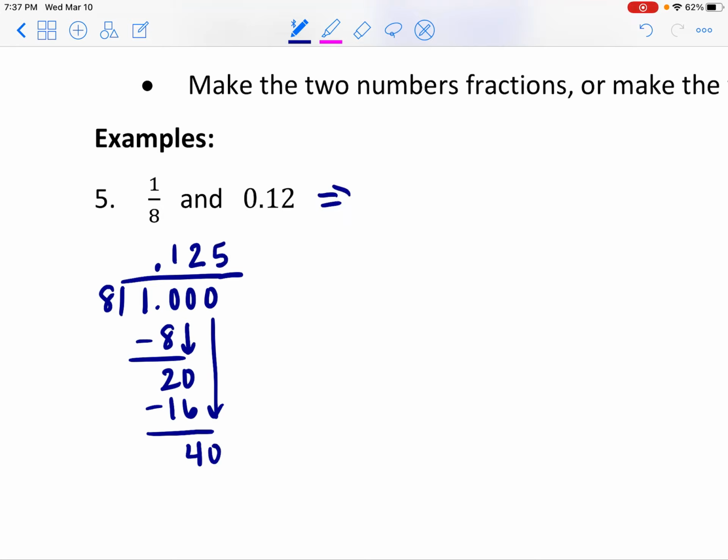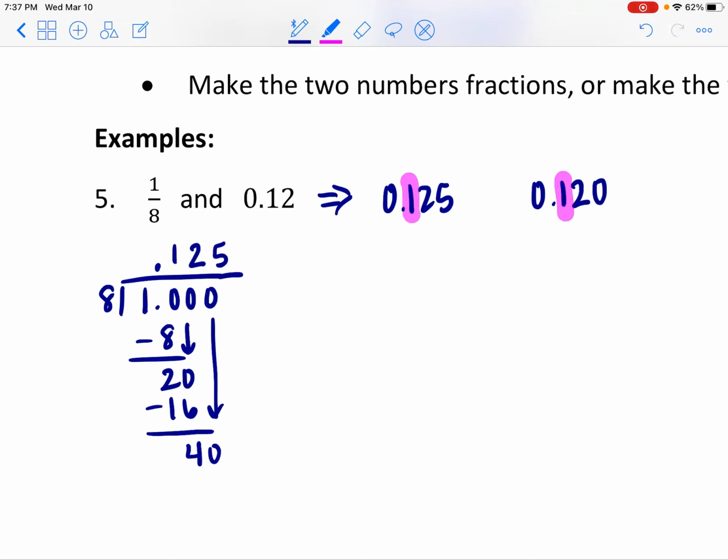So what I'm really comparing here is 0.125 and 0.12, and if I want to, remember I can stick a 0 on that. And so these digits are the same. So remember, we're going to go from the left to the right and look at our digits. So the zeros are the same, don't need to worry there.